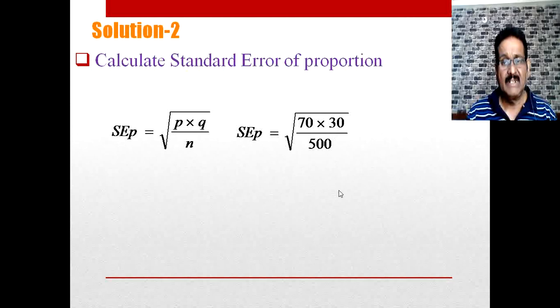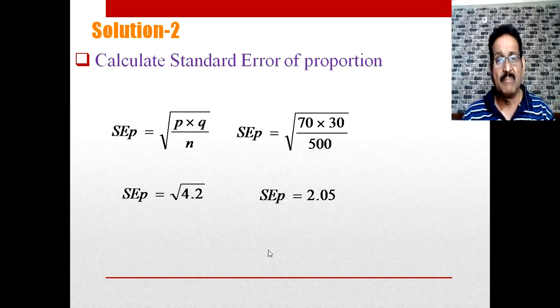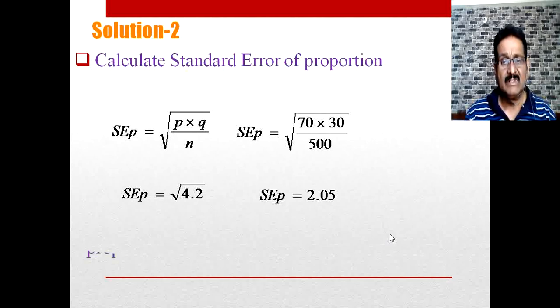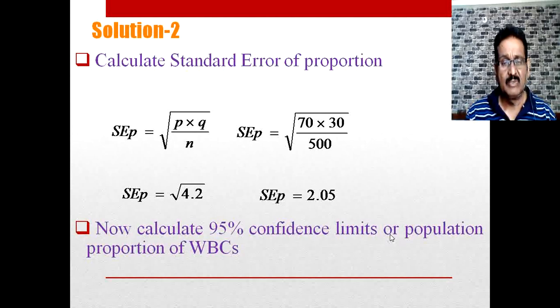So 2100 upon 500, that is 21 upon 5, which is 4.2, and the square root is approximately 2.05, the standard error of proportion. Now ultimately we have to calculate the 95% confidence proportion per WBCs.